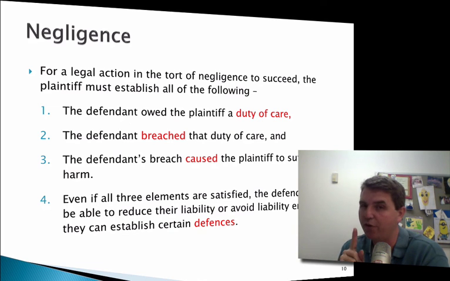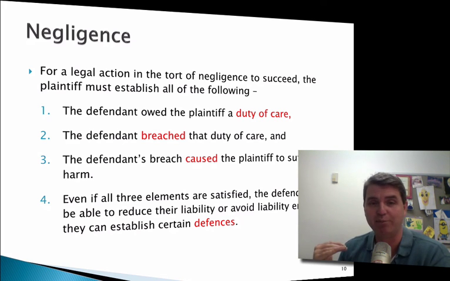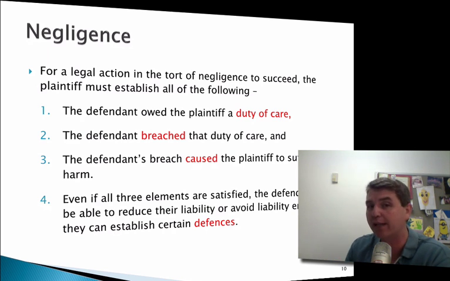However, then the defendant can argue that the plaintiff voluntarily assumed the risk. And we'll learn that if they do voluntarily assume the risk, then actually the defendant won't be liable anymore, even though they would have been, because the plaintiff actually knew about the risk and took it anyway.